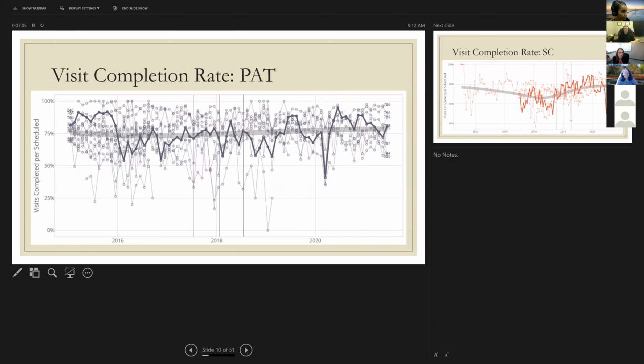In terms of how many visits that are scheduled actually end up being completed, that completion rate for PAT has remained steady really since we've been tracking it. So you look all the way back to before 2016 to now, it really hovers around that 75% completion rate. So out of all the visits that are scheduled, about 75% of them actually turn into completed visits.